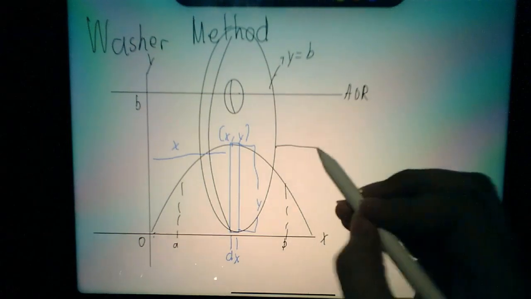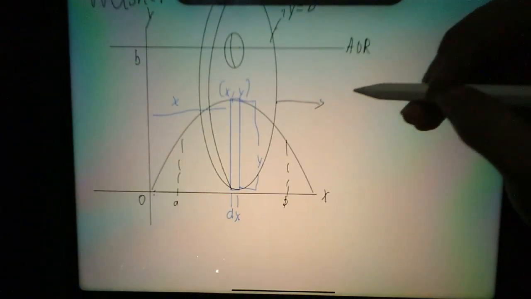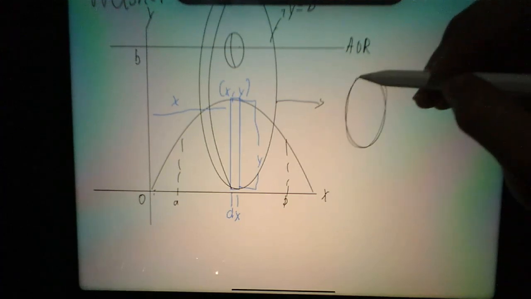Now by taking this out, this will become the shape here.